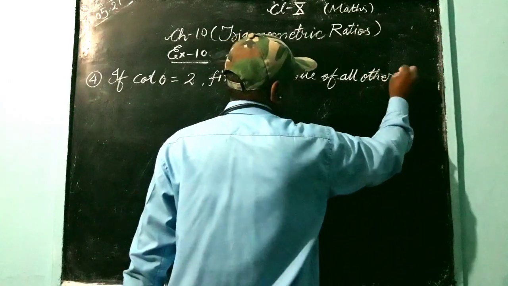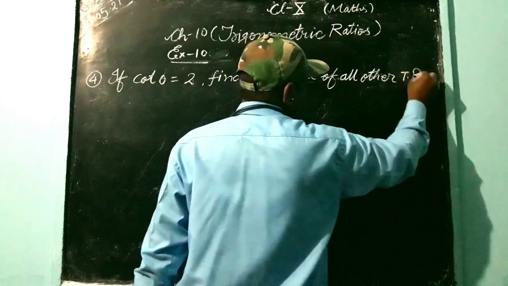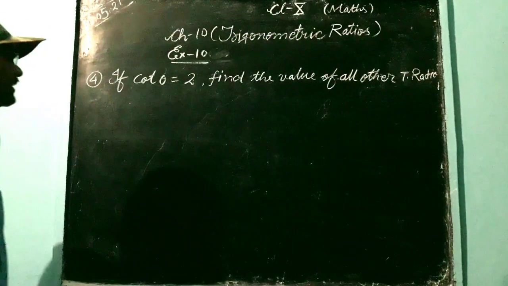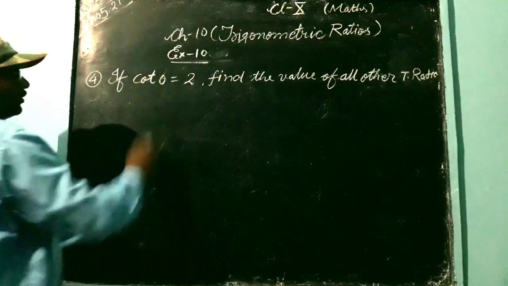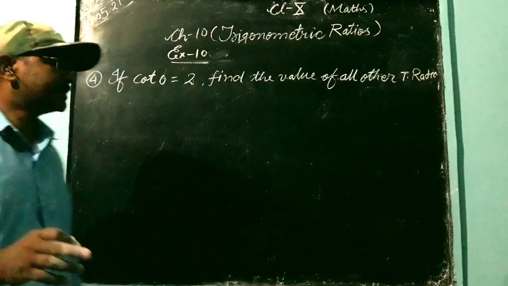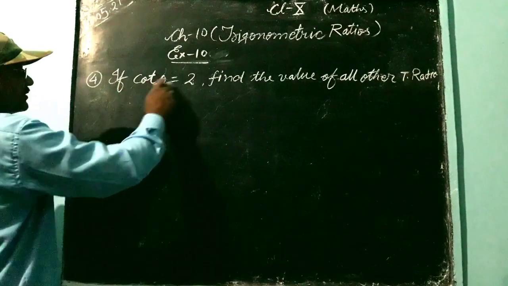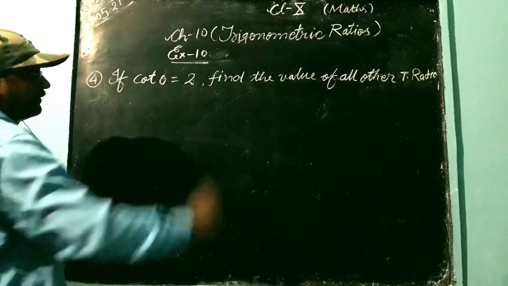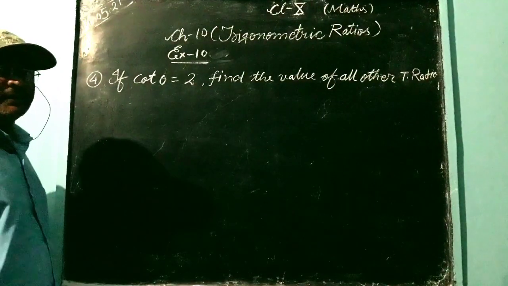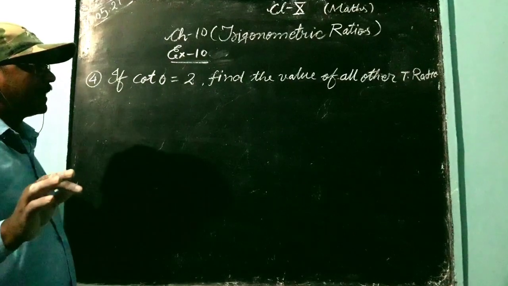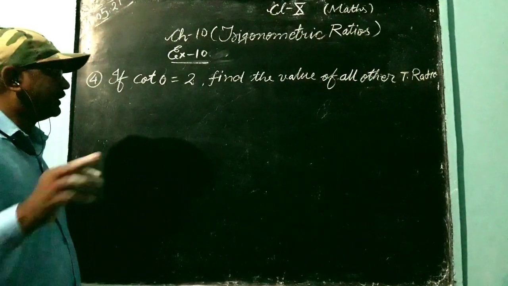Clear, students? There are 6 T ratios. One ratio, cot theta equal to 2, is already given, and the remaining 5 you need to find.